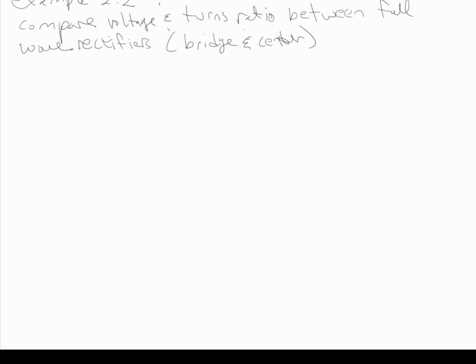Then they say assume V input is equal to 120 volts RMS at 60 hertz, and V out is equal to 9 volts, and V gamma, that's the drop across the diode, is equal to 0.7 volts.